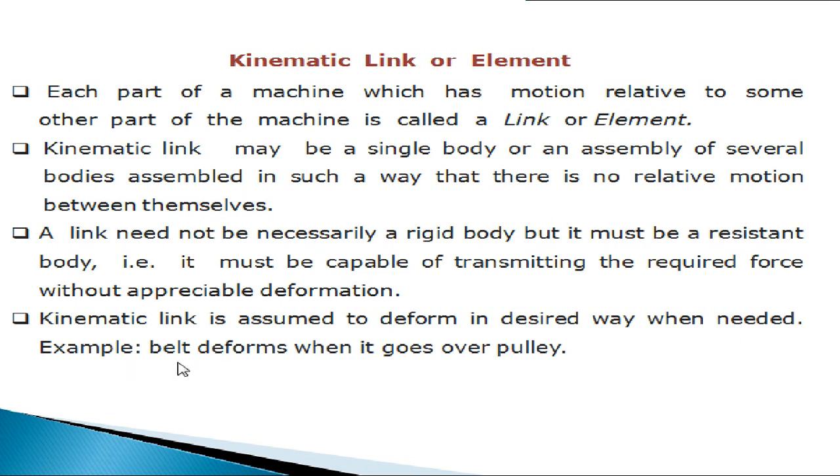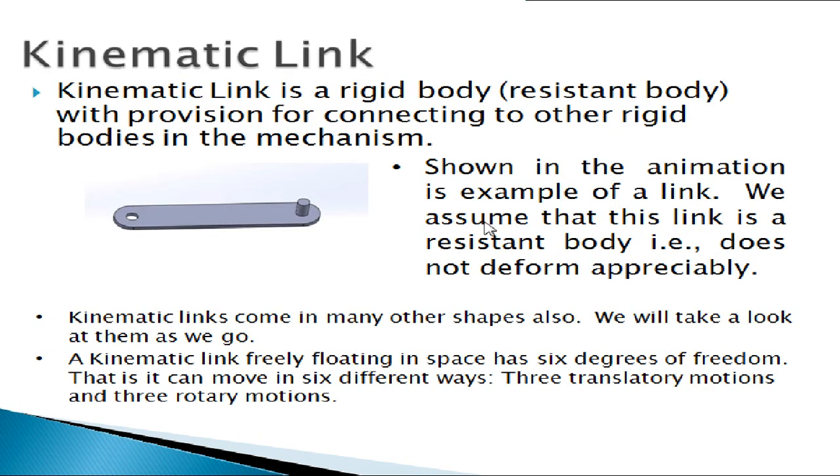In a belt drive, you have a belt flowing onto a pulley and then coming off of it and coupling another pulley. While it is going over the pulley, the belt wraps around the pulley and deforms. At other instances, it is straight. That is what we are saying: we want the belt to deform in a certain way, and the belt is deforming. We'll try to see a couple of examples of kinematic links.